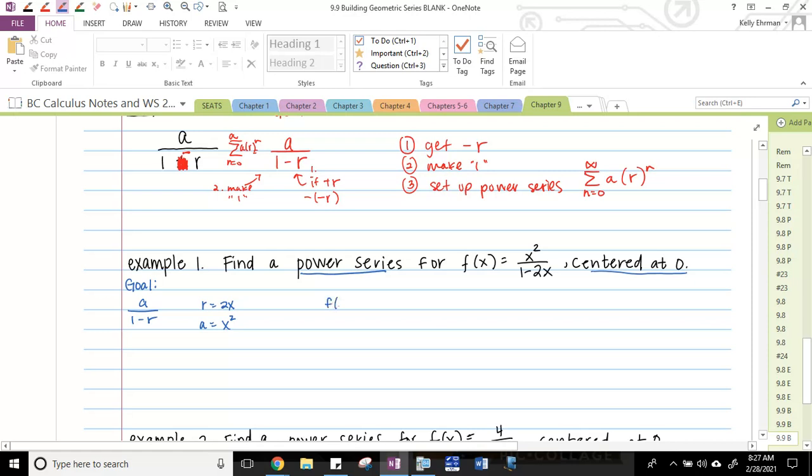So f of x, the function x squared over 1 minus 2x, can be the power series from 0 to infinity of x squared times 2x to the n. All right, so we could build it like that.